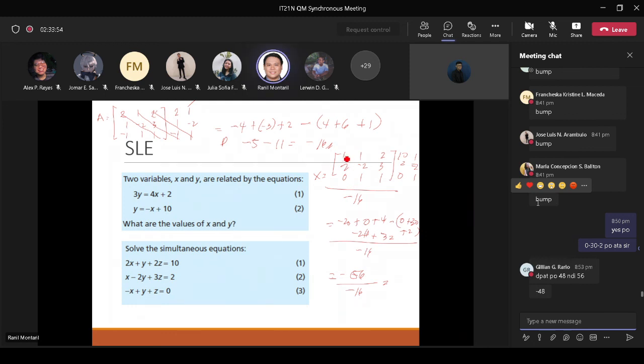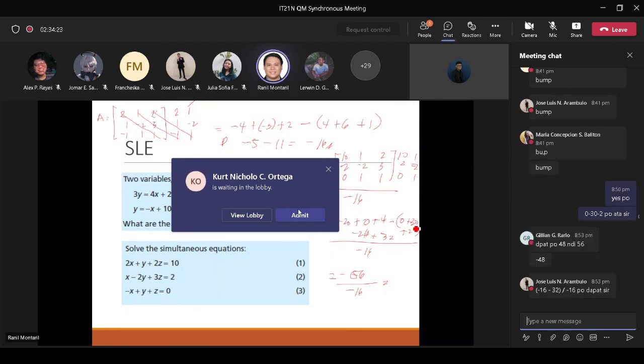Negative 10. Oh, this is positive 10. 10, negative 2, 1. 20, negative 20. This is 0. Ah, that's not right. 2, 2, 1, 4 minus 0, 1, 3, 10, 30.